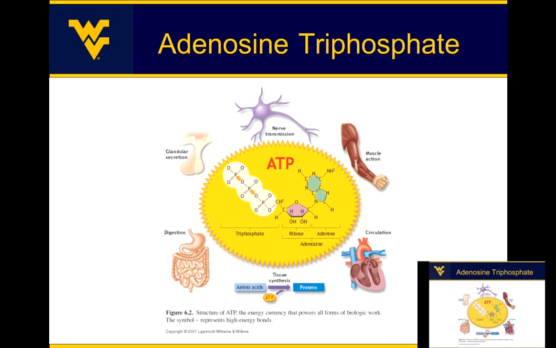ATP, as the schematic shows, is really a central molecule that you must have continuously produced to cause muscle contraction, which we'll talk about. But as Dr. Chandler talked with you about all of the things that are involved with the heart and the vasculature, ATP drives that. It drives digestion.